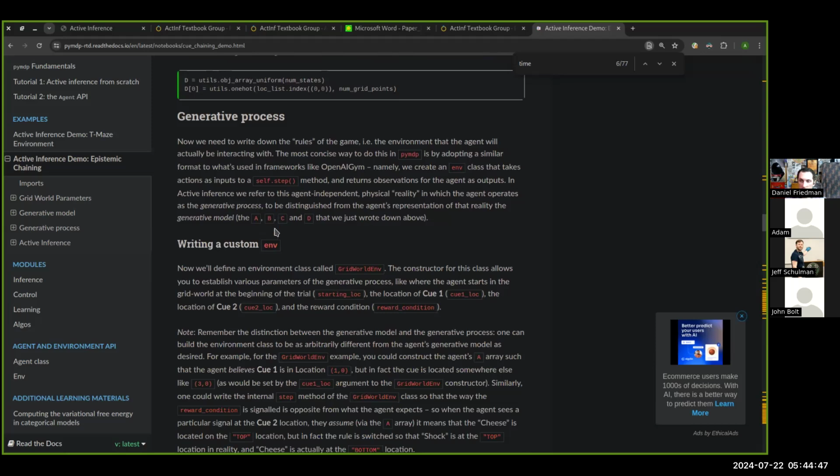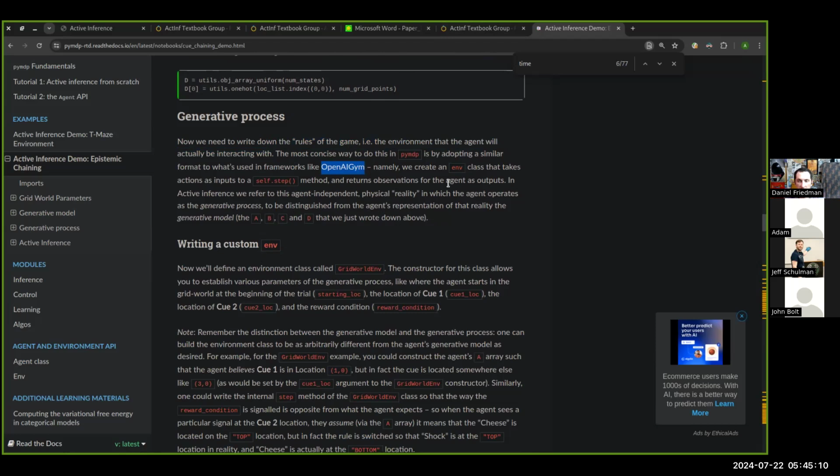Okay. Just like in the recipe, they then turn to the rules of the game. Drawing inspiration from machine learning and reinforcement learning, they use an ENV environment class, which steps in discrete time one by one.